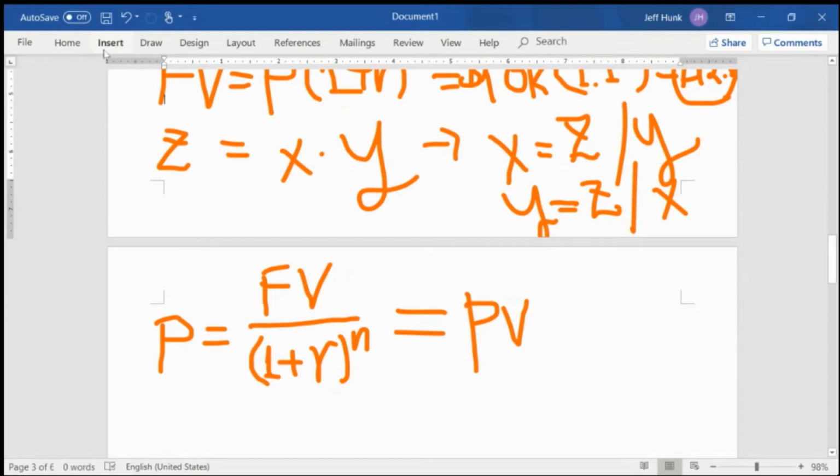Now, the equal sign was unnecessarily too large.